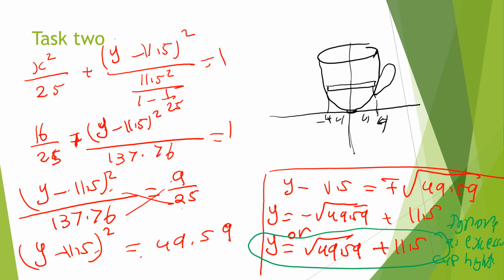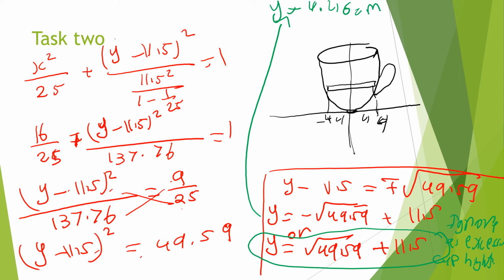So to solve this one here, you will get y equal negative square root 49.59 plus 11.5, so it's 4.46 centimeter.